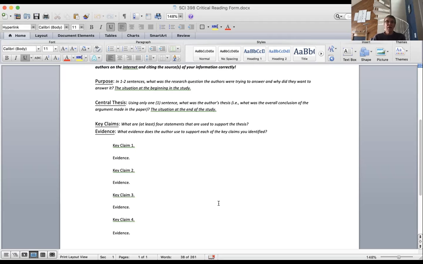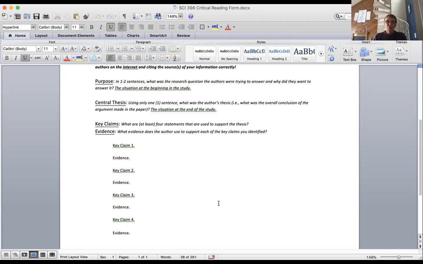That would be a claim. The evidence for that claim would be found somewhere in the paper. And so I would say something like, in Figure 2, the researchers show that there is an average of 16.8 millimeters of rain in the autumn months, in comparison with only 8 millimeters of rain in the summer months.